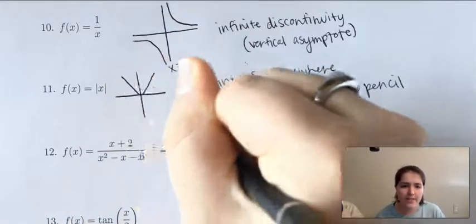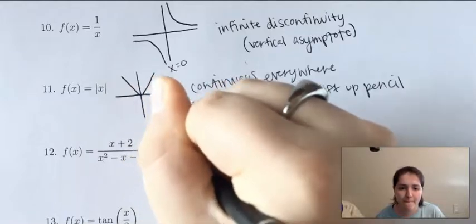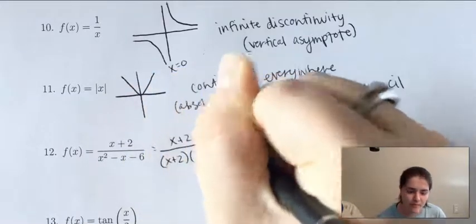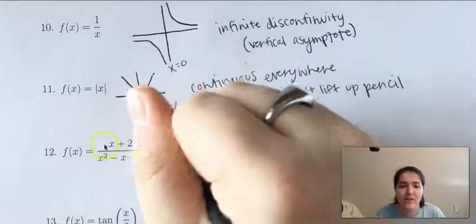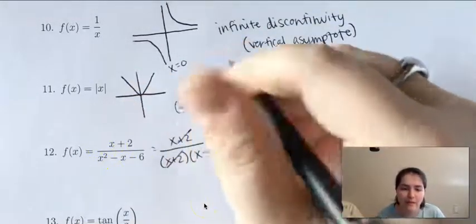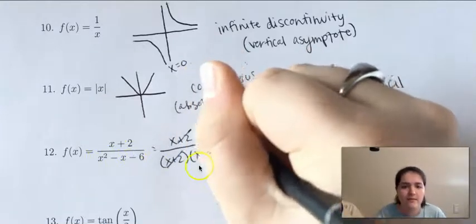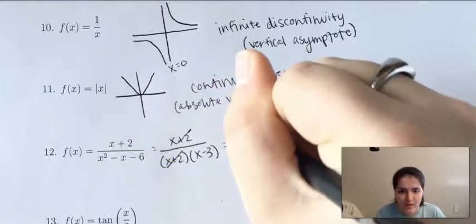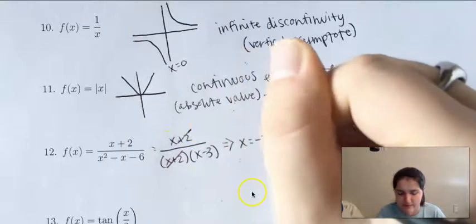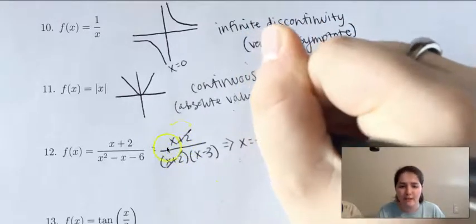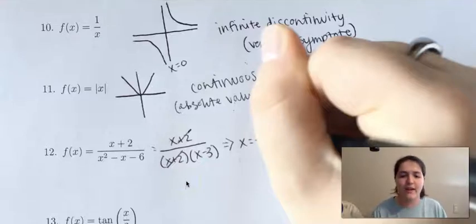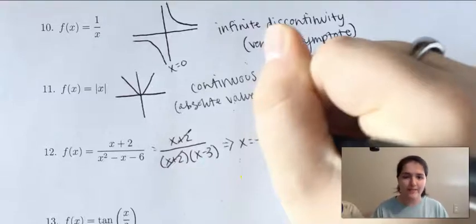All right, this next one. So here, it'll be easier if we factor out everything, simplify it. So we did that. We have x plus 1, x minus 3. And here, since these are the same, you cancel them out. So when you have things that you can cancel out, something on the top, something on the bottom, they match, then that means you have a hole at that spot.